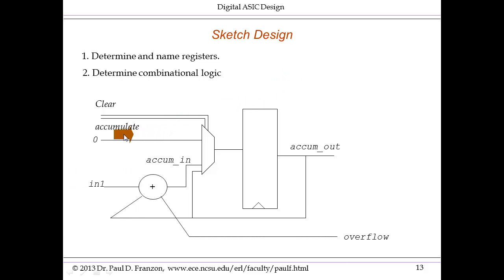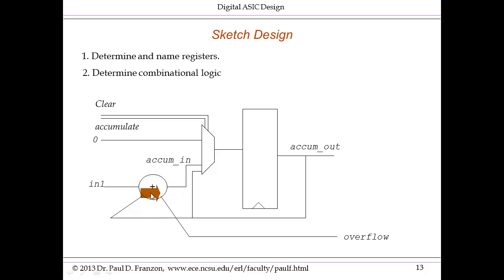So what are the inputs I have here? Remember, if clear is high, I want 0 to go to accum out. So I need a 0 input. If accumulate is high, I want to add in to the current value of accum out and present it to the input.